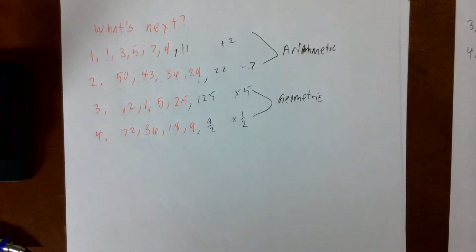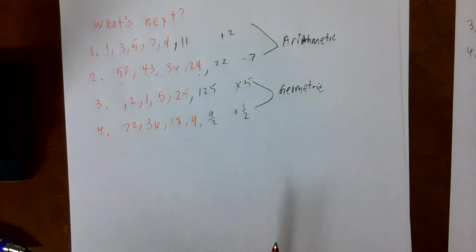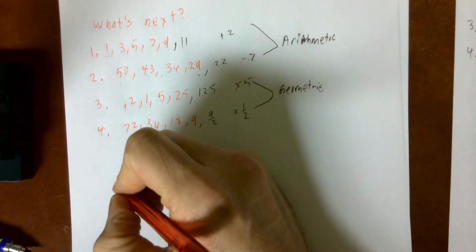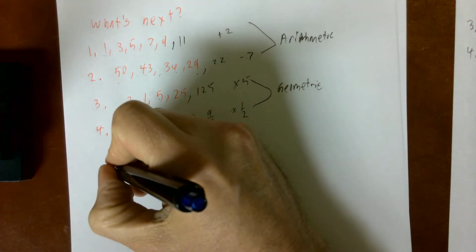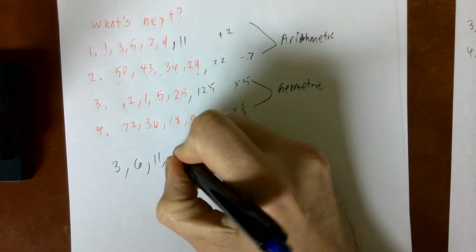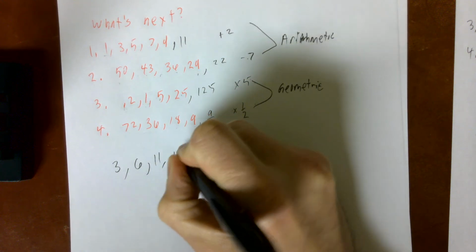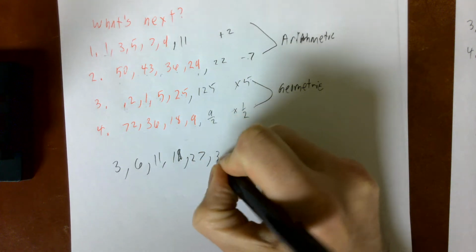But I'm a little more interested in, well, what happens if it's not easy? Like, what are some tricks? Like, what if I gave you the sequence 3, 6, 11, 18, 27, and 38.